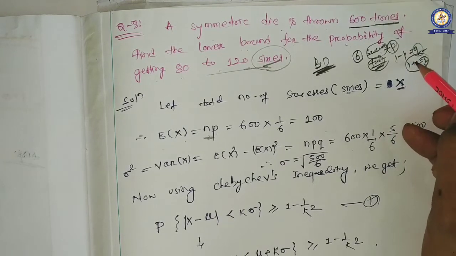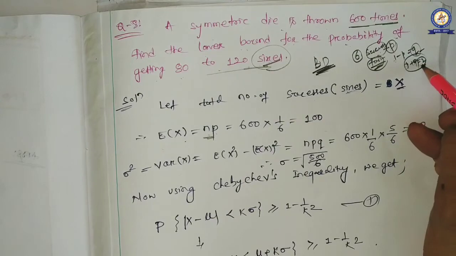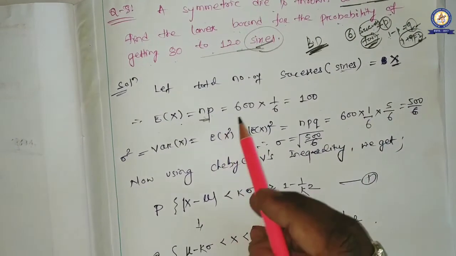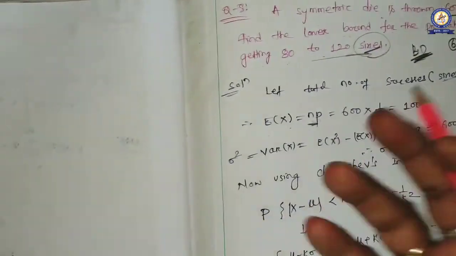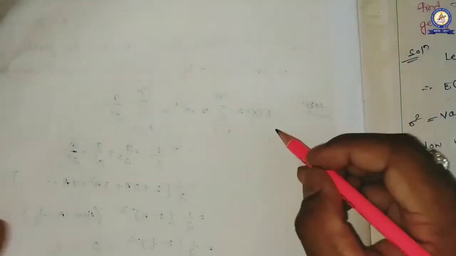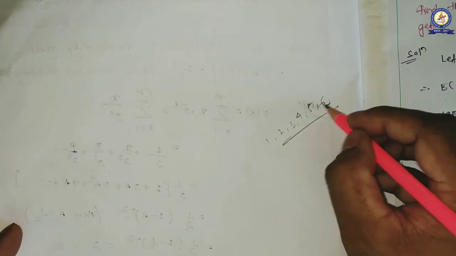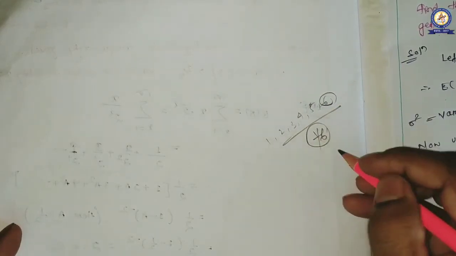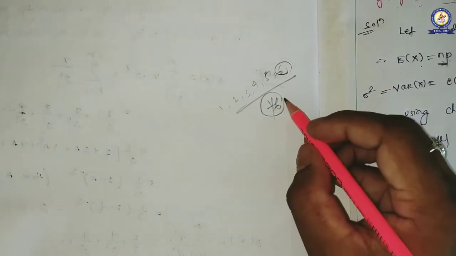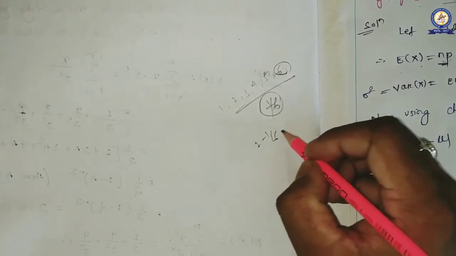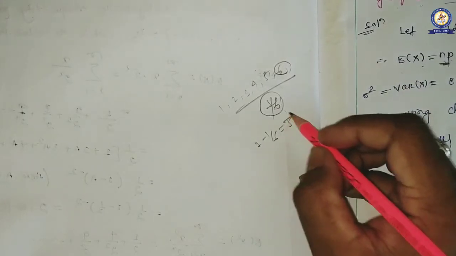So p plus q, as we know, will be 1. If we throw a die, it may be 1, 2, 3, 4, 5 or 6. So getting the 6, the probability will be 1 by 6, and not getting the 6 will be 1 minus 1 by 6 equal to 5 by 6.